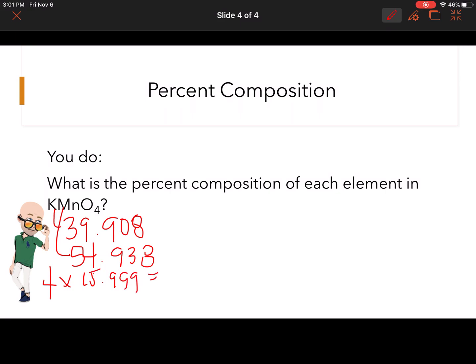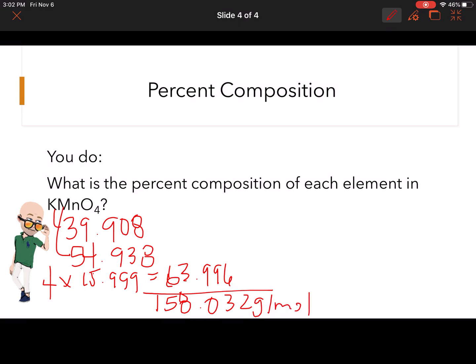So that is that 63.996. Add those things together to get the molar mass of potassium permanganate, and I get 158.032 grams per mole.